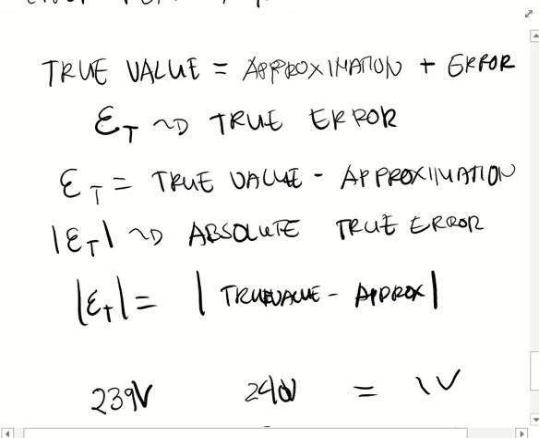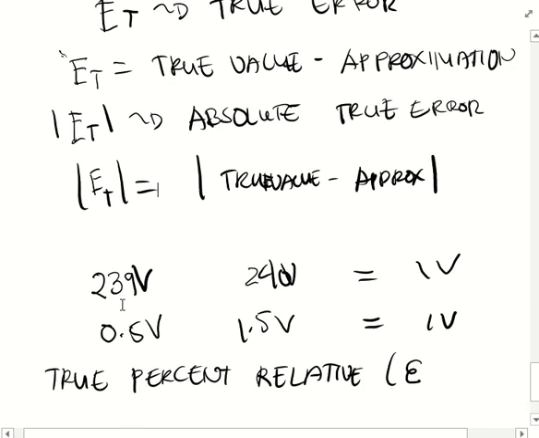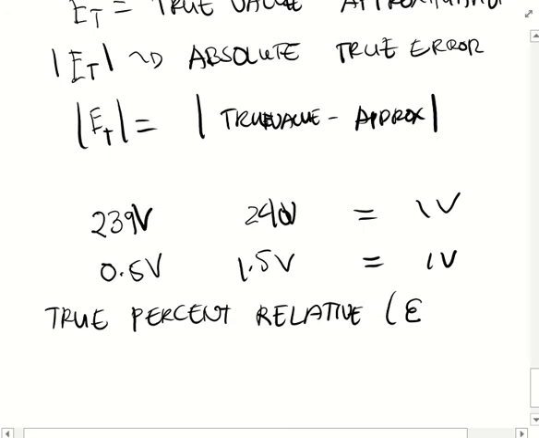I will just make this one capital T to make it consistent. So instead of epsilon here, I will be using E, just E. While here, I'll be using epsilon of T. So this represents a percent relative error.